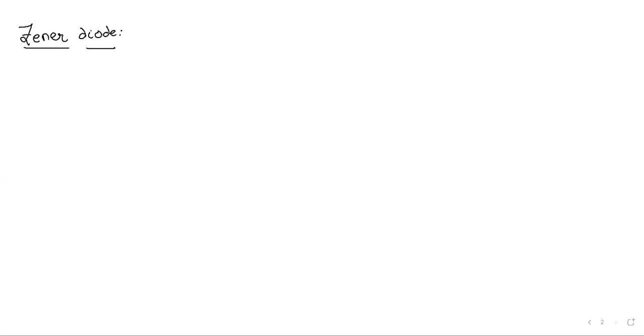This Zener diode they prepared particularly to use in reverse bias without breaking.